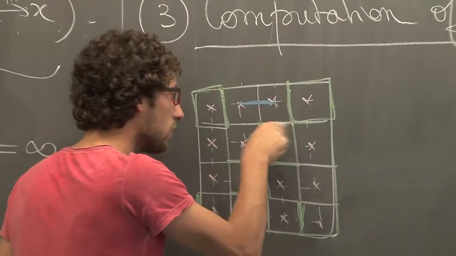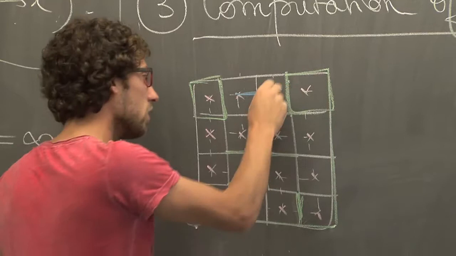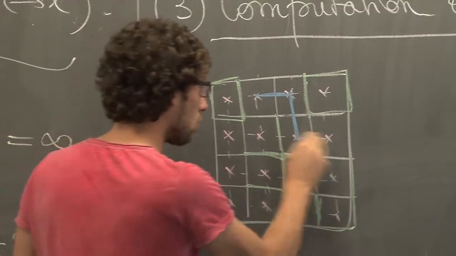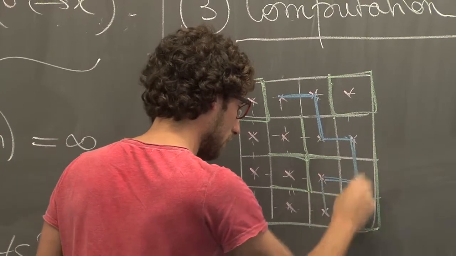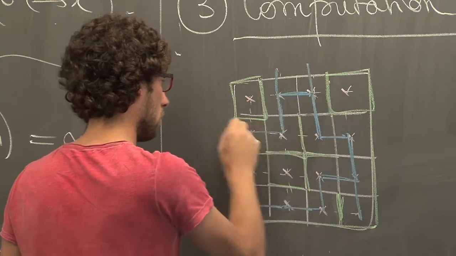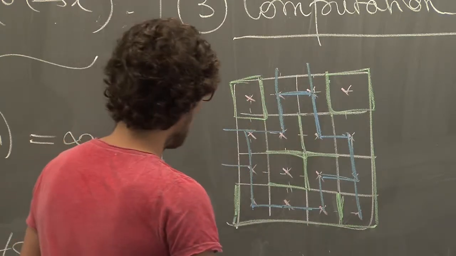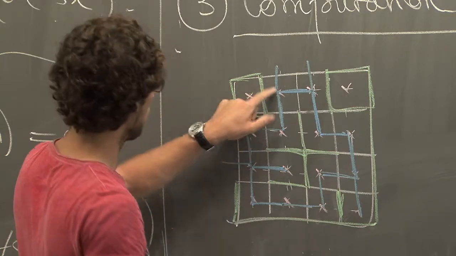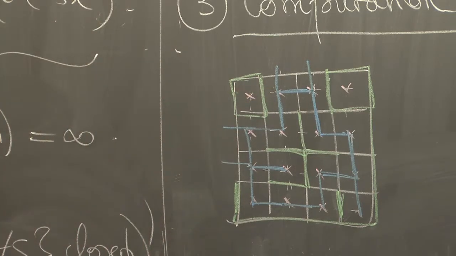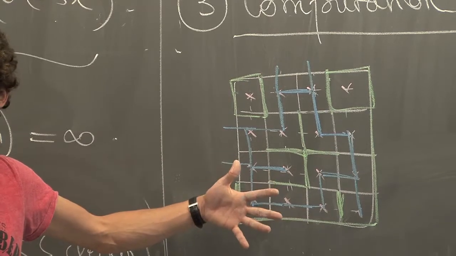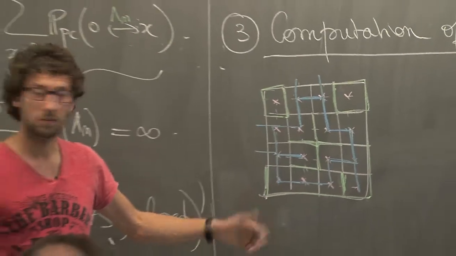So for every edge which is closed in the green configuration, I draw it blue open in the dual configuration. So I'm going to get something like that. And of course, for every edge which is open in the primal configuration, I draw it closed in the dual. So it's called a dual configuration because if you do the procedure twice, you get back to the same thing.